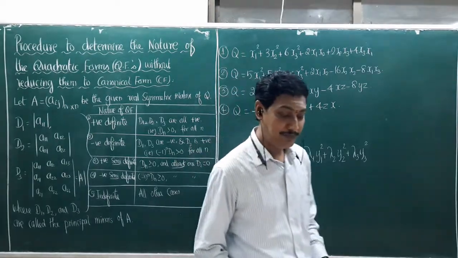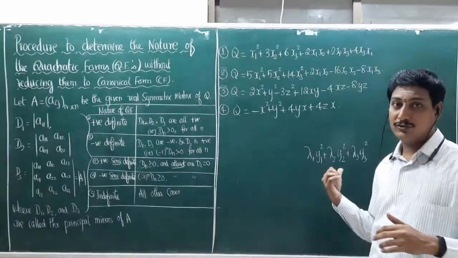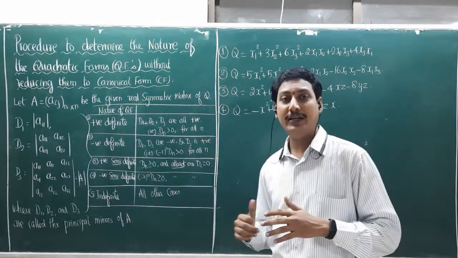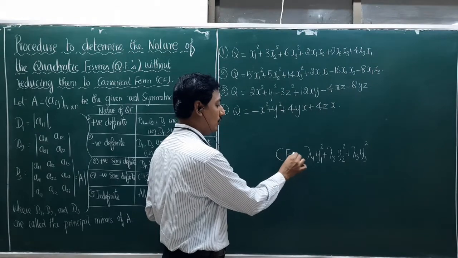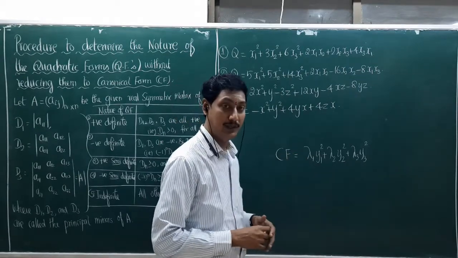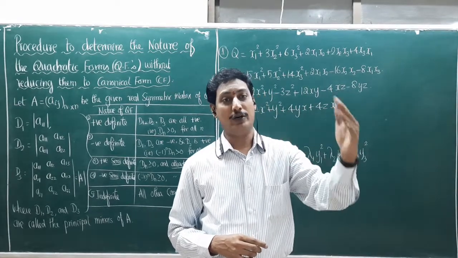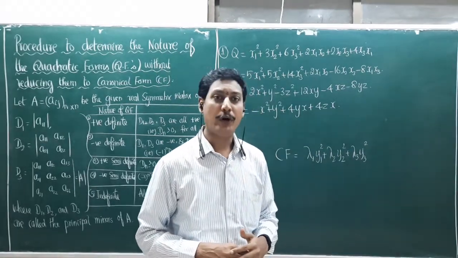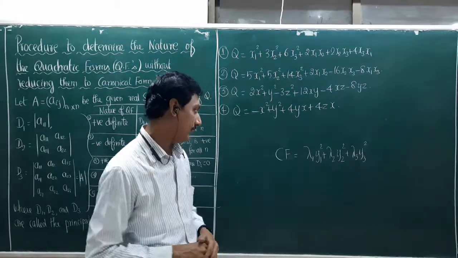But this time I don't want to find any eigenvalues. So without converting them to the canonical form, lambda 1 y1 square, lambda 2 y2 square plus lambda 3 y3 square, I already made a separate video on how to reduce the given quadratic form into the canonical form. Please go and watch.